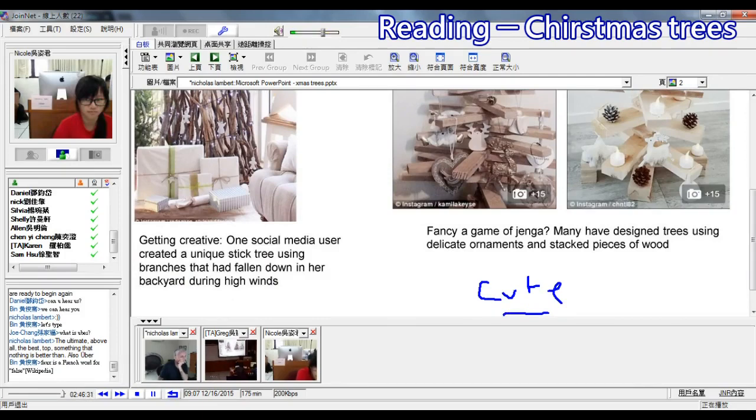It has lots of wood-made dolls and decorations. Have you heard of Jenga? The game. Have you ever heard of Jenga?